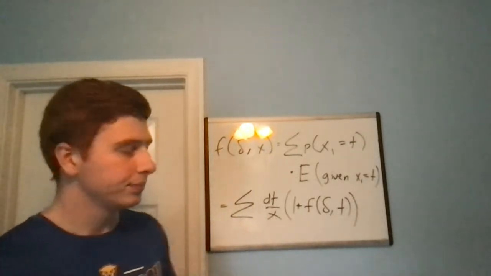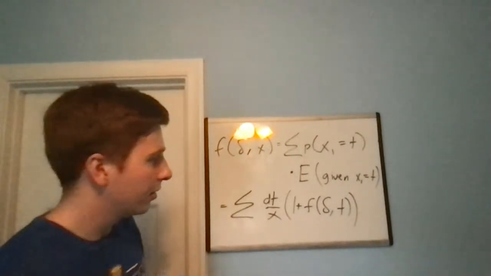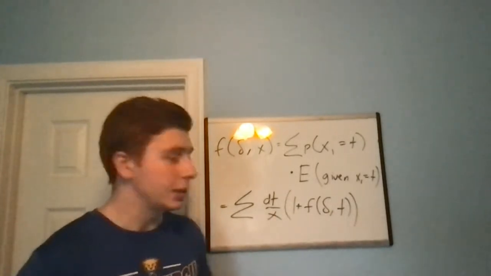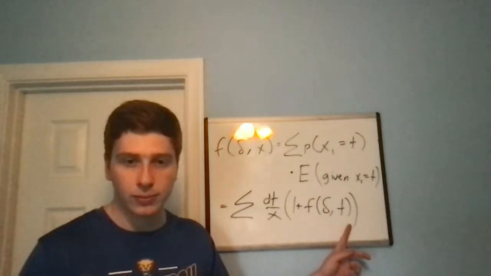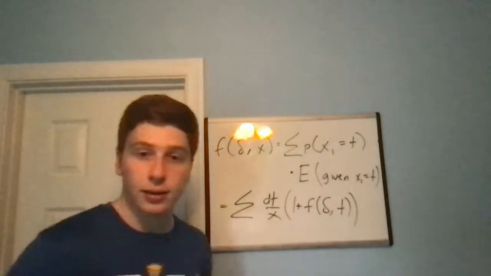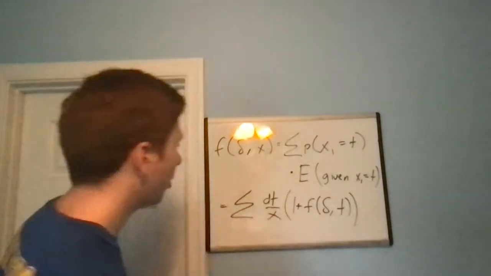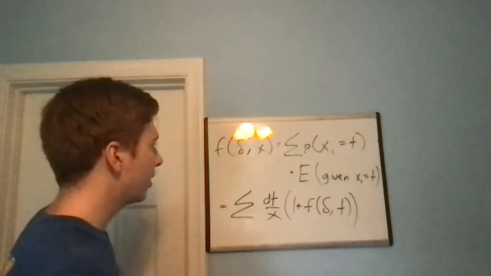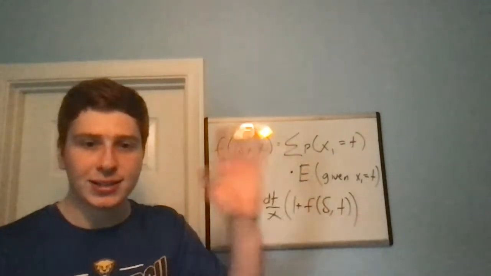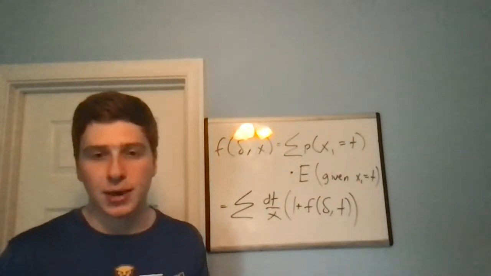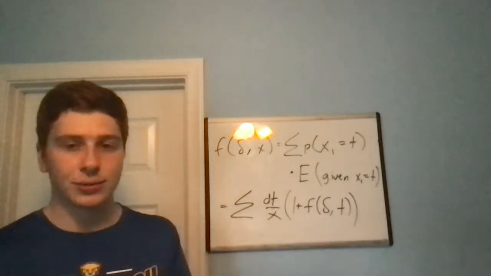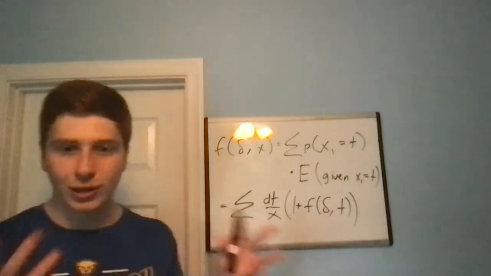First we choose x1, that's a 1, then plus the expected number of moves it will take past that point. So this gives us an equation. Of course, this equation only applies if x is bigger than delta. If x is less than delta, then f of delta comma x would just be 0. That's something we can easily account for.